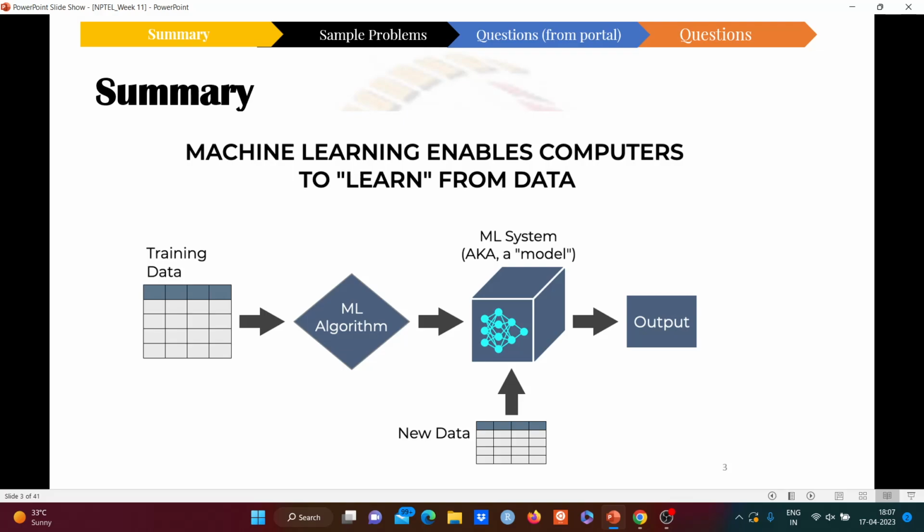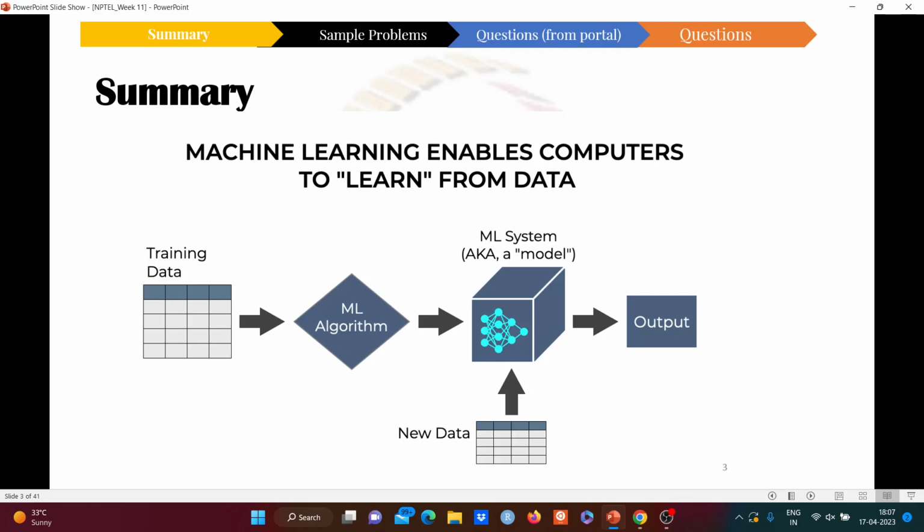The machine learning algorithm can then use this learning to make predictions or decisions on new data. So the algorithm learns from the data and then predicts on new data based on its learning experience from past data.